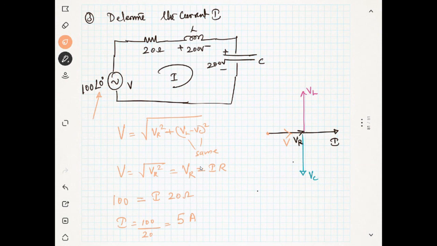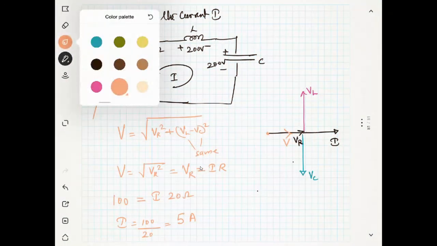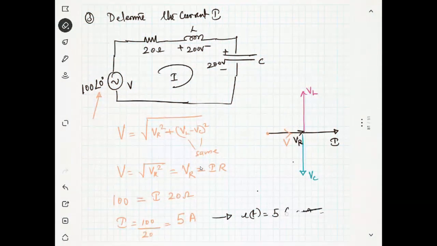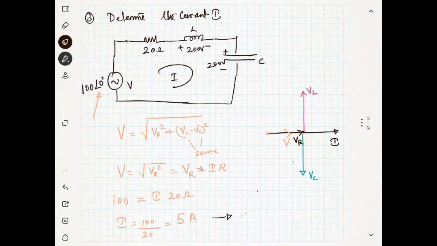Now, what will be i of t, the time domain equation for this current? It is the real part of I into e power j omega t.